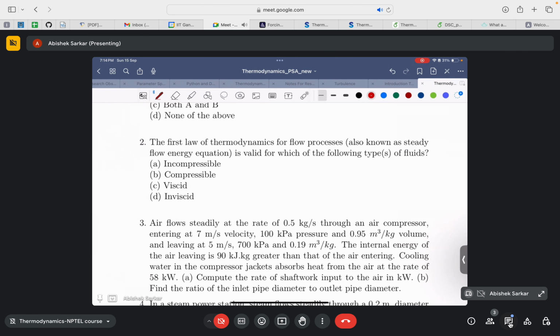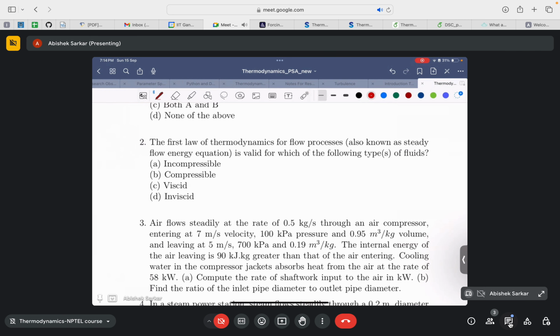But if we think deeply, you'll realize that there hasn't been any stage that we have reached yet while deriving the steady flow energy equation where we had to impose that condition that the fluid has to be incompressible or inviscid, right?